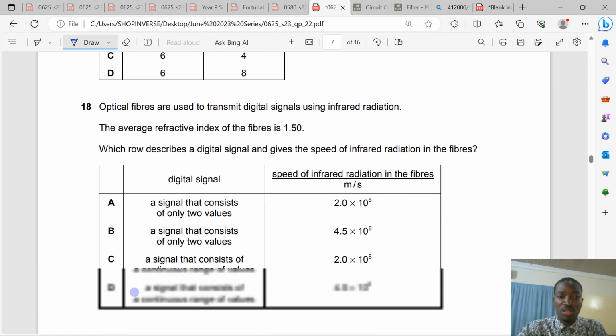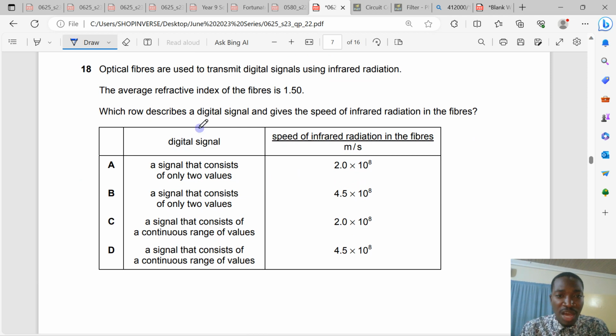Let's go to question 18. Optic fibers are used to transmit digital signals using infrared radiation. The average refractive index of the fiber is 1.50. Which row describes a digital signal and gives the speed of infrared radiation in the fiber? Well, you know the speed of light is 300 million meters per second.